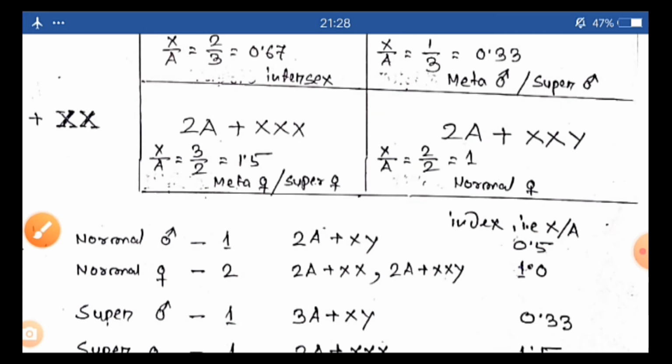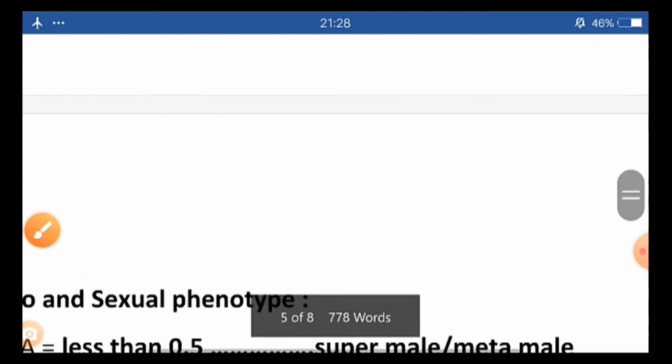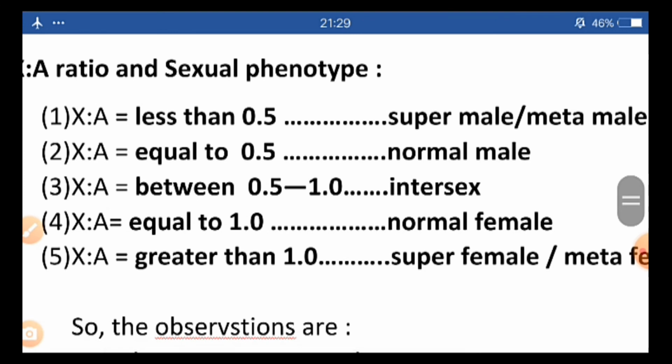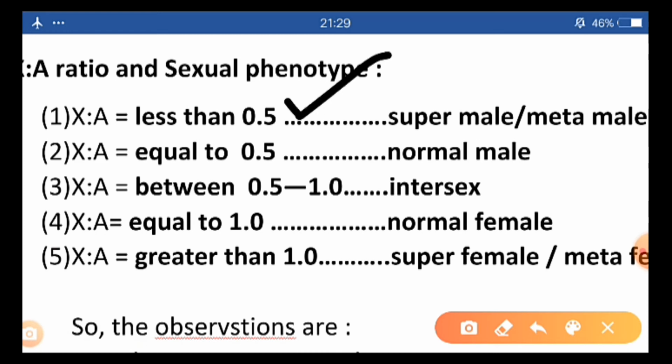Because with the help of these index we can determine the sex of the Drosophila. Let us see the index. If the result or index is less than 0.5, it will be super male or meta male. We have seen that in the block there was 0.33, one case.